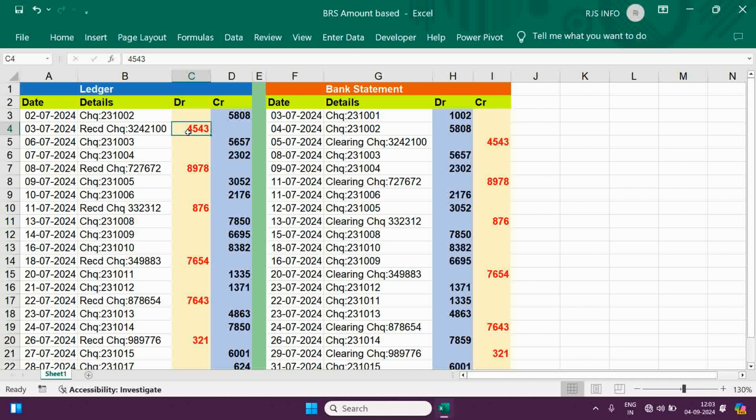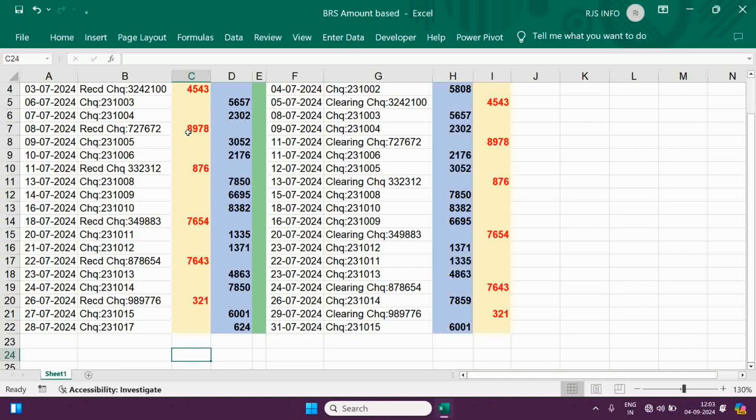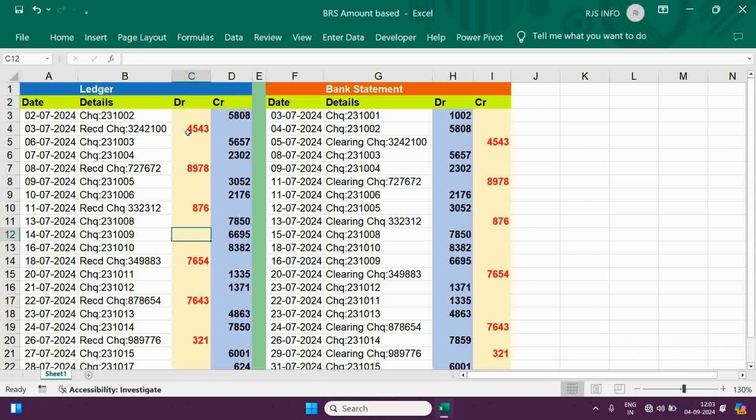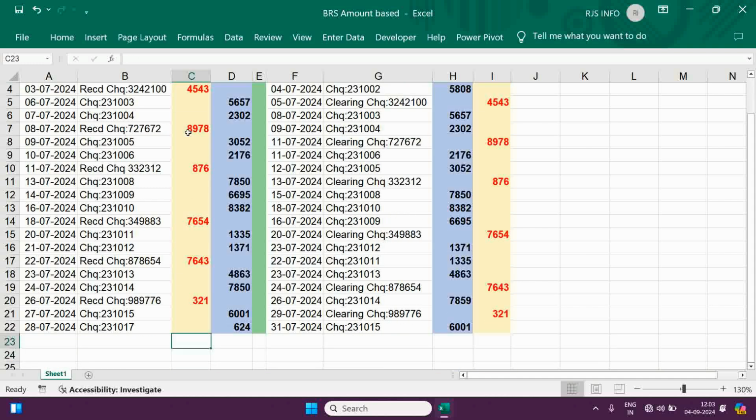Here, whatever checks are received from an outside party are considered debit entries in the ledger. So this total amount should match with the credit side of the statement. If it is matching, then it's okay. Otherwise we have to check each and every entry.